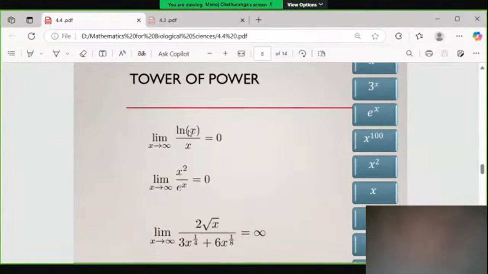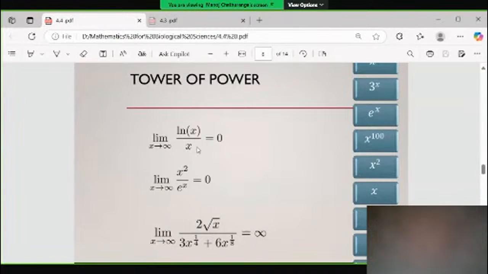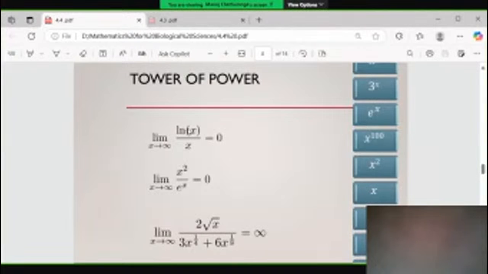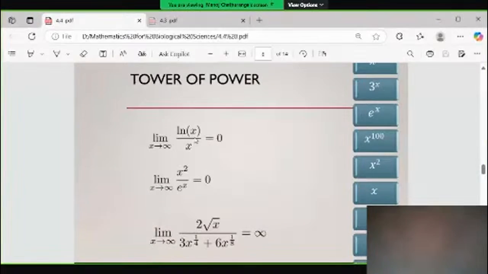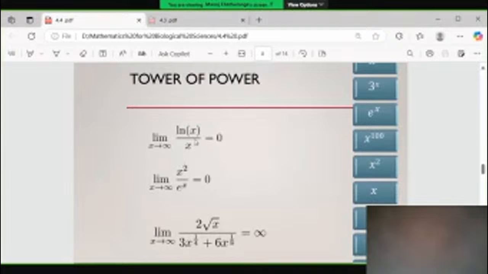Now, ln x has a smaller growth rate compared to x because ln x is in a lower level of the tower of powers. So the numerator has a small rate, but the denominator grows much, much faster. So the denominator becomes larger and larger compared to the numerator. So we are dividing by a huge number. So the result must be 0.